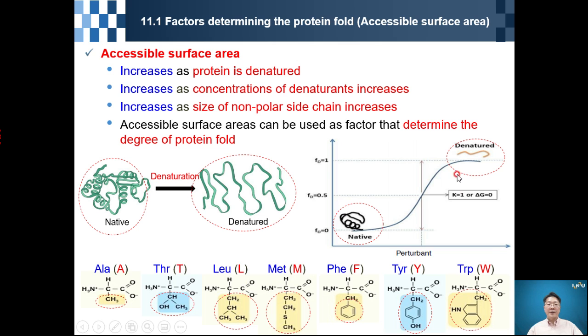When the accessible surface area is higher, it means that the protein is denatured. When the accessible surface area is very low, it means that the protein is in the native status, the native or folded structure.